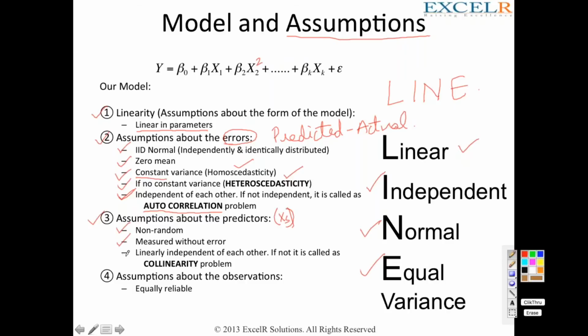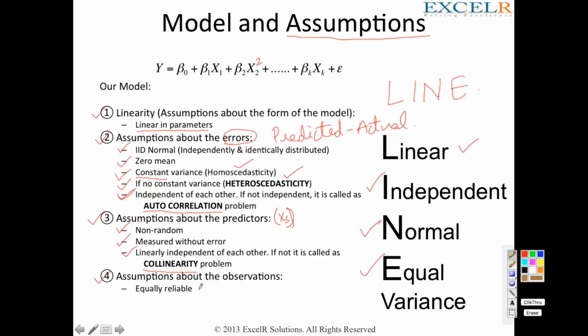These inputs should be linearly independent of each other. If they are not independent of each other, there is a collinearity problem. Here we are discussing independent inputs. Here we are discussing independent error values.